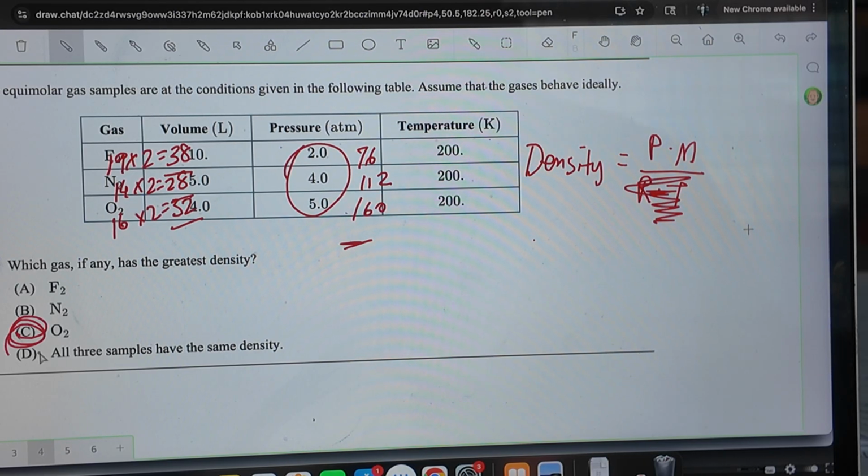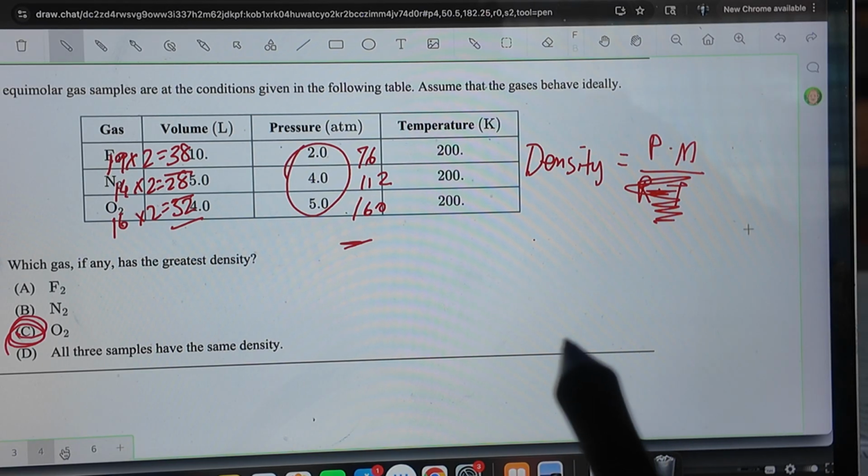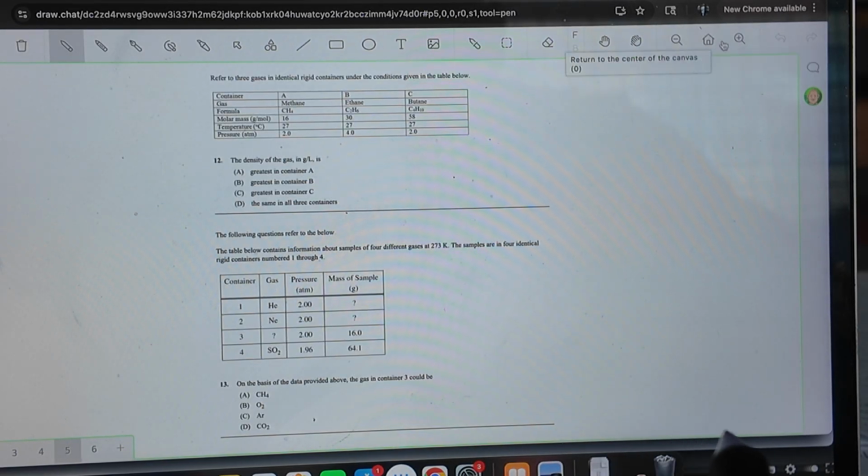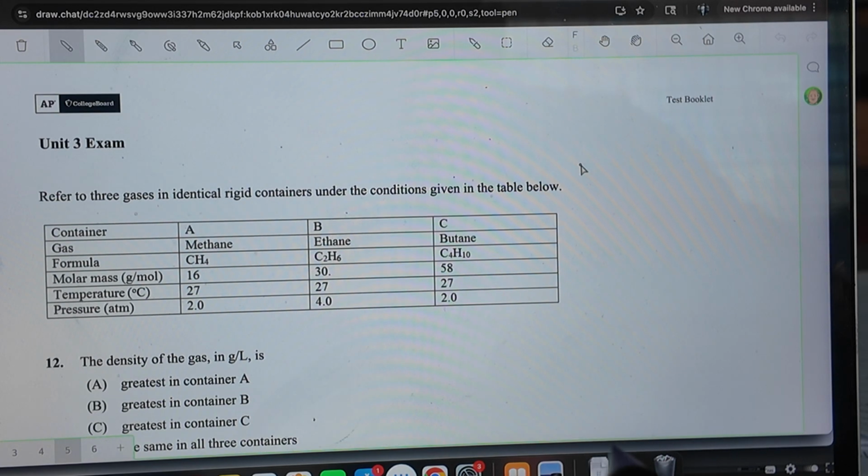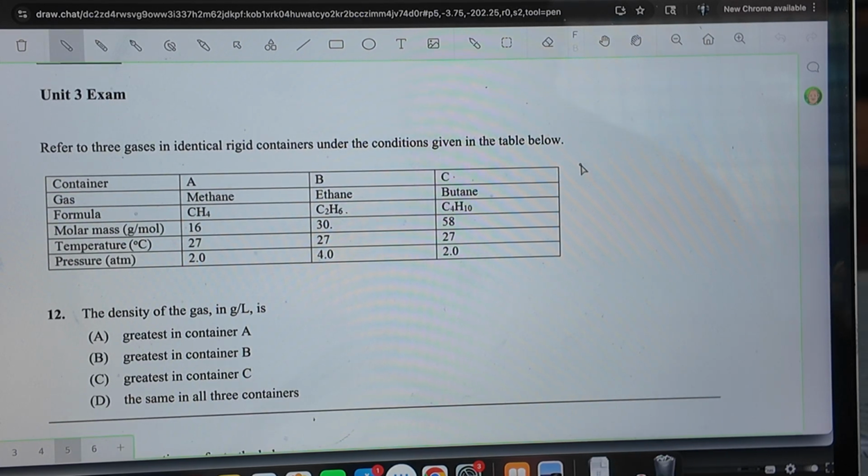Okay, let's look at question number 12. It looks similar. I think it's the same formula for density.